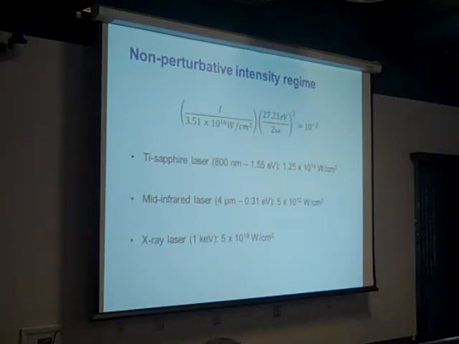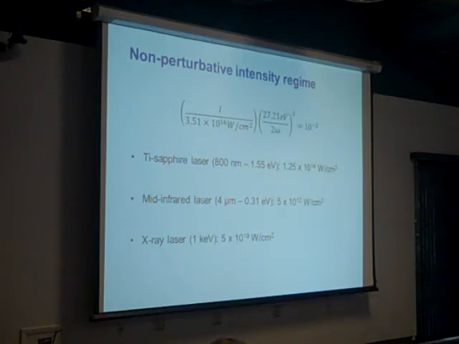But if you're above this intensity, you would expect you cannot treat it perturbatively anymore. So the interaction of the electron with the light field should be as strong as, or make effects comparable to, the Coulomb fields inside the atom or molecule.